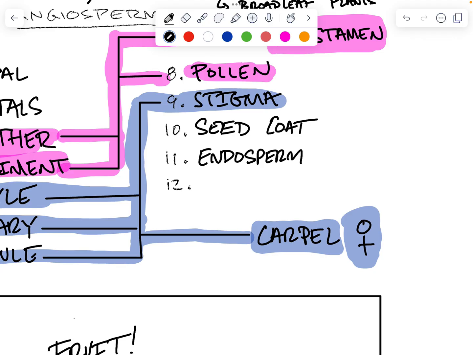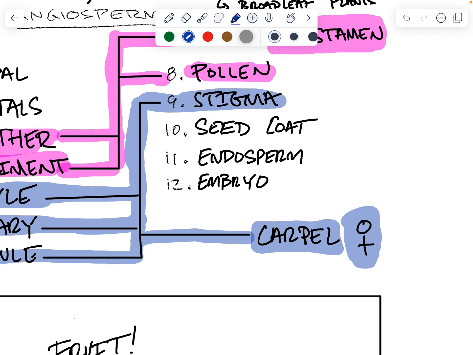This is going to be food for the developing baby plant. It's usually pretty high in fat. That's why nuts have so much fat and protein in them, because this little baby plant embryo needs something to eat as it grows before it does photosynthesis. And number 12 is the embryo, the little plant baby that's wrapped up inside of the seed.